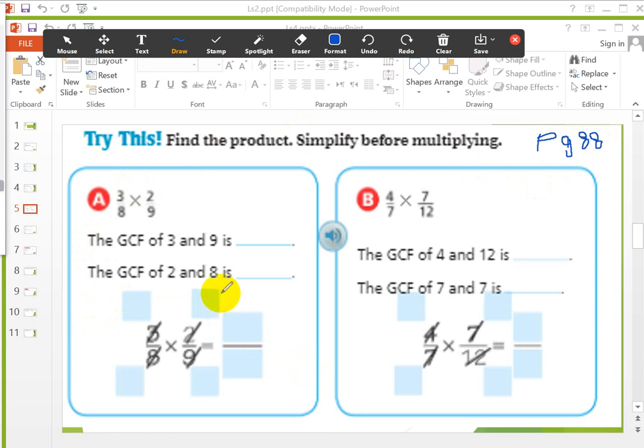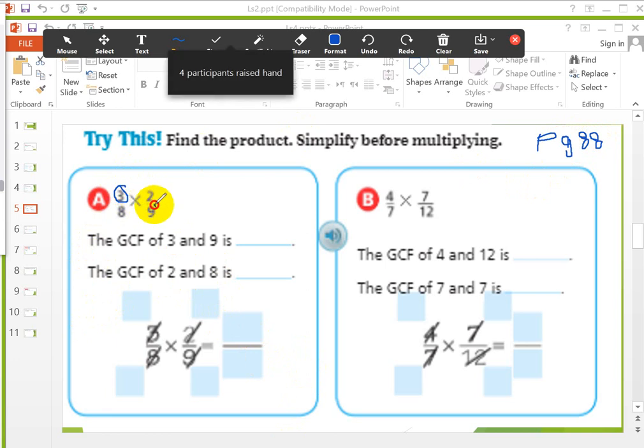Girls, is there any greatest common factor between the 3 and 9, the numerator from the first fraction and the denominator from the second? What is the greatest common factor, Jana? Excellent. Thank you, Mariam, also. And thank you, Lamar.